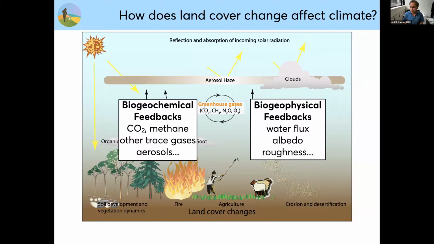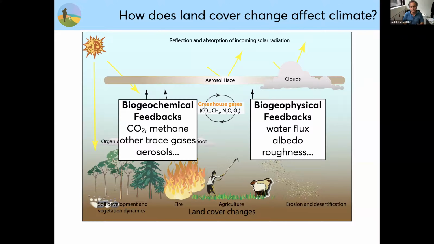So if forests die back for one reason or another, then there's a transfer of carbon that was in that living biomass into the atmosphere in the form of carbon dioxide. If we have wetlands on the landscape and they grow, and those wetlands emit methane, then that methane can be released to the atmosphere.